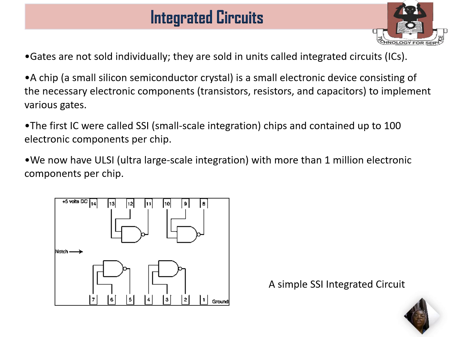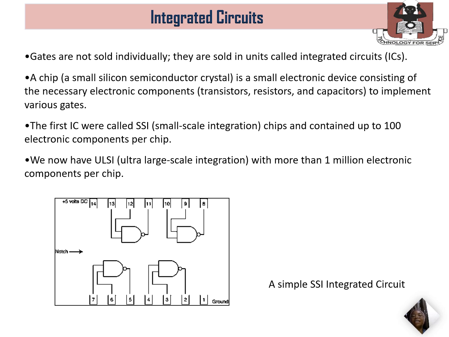A chip is a small electronic device that consists of electronic components, which include transistors, resistors, and capacitors, and all are used to implement various gates. A chip is a small silicon semiconductor crystal.